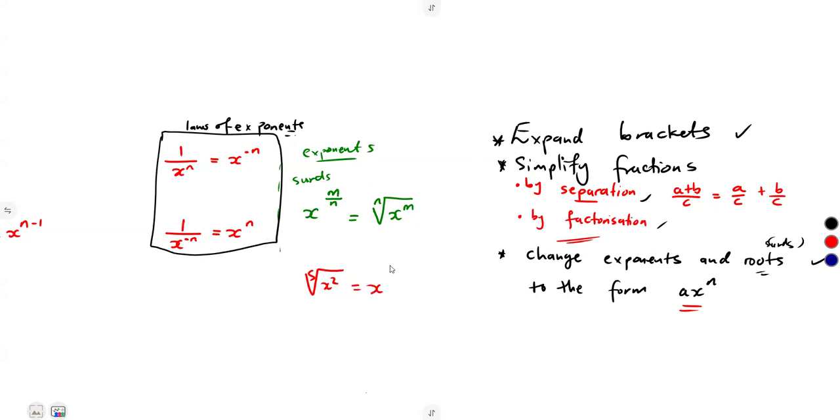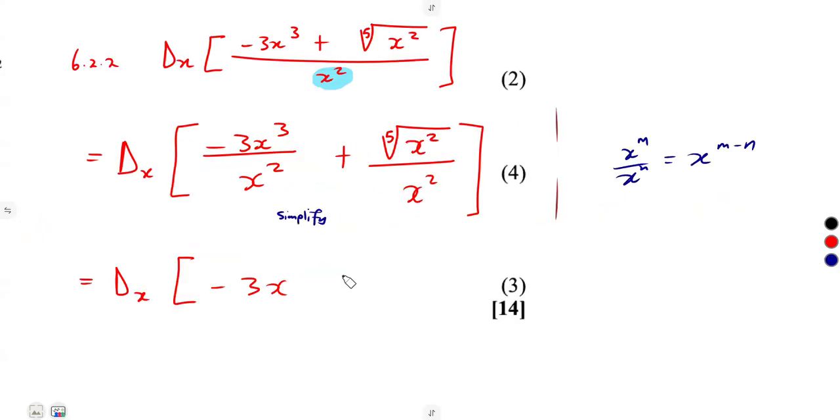So that's x to the exponent of 2 over the number in the root, which is our denominator. So that's 2 over 5 that you are going to have. So this was going to give us x to the exponent of 2 over 5. But everything is over x squared.